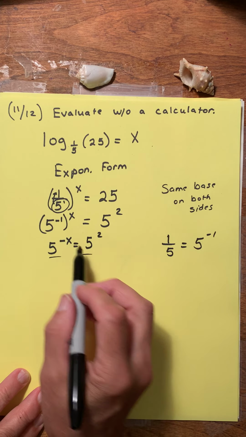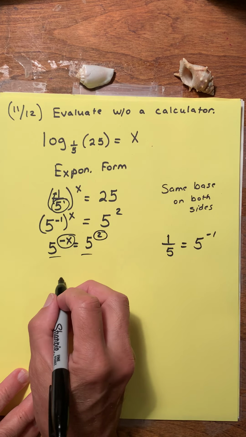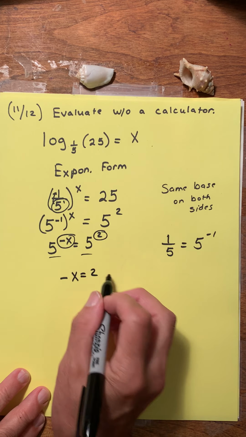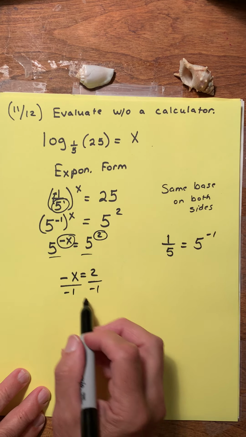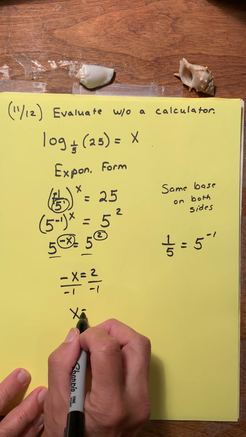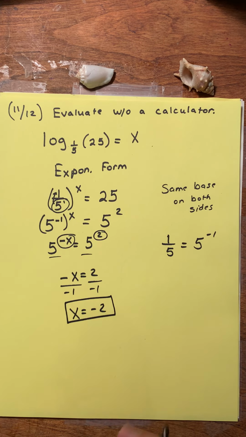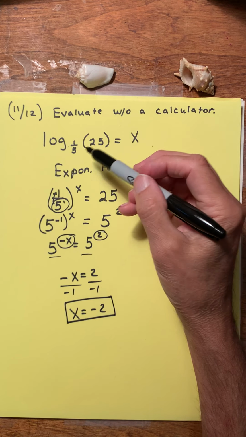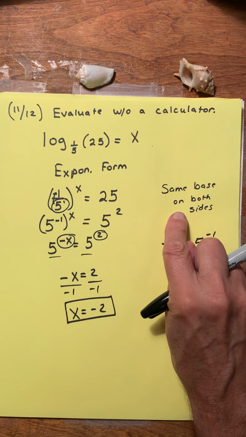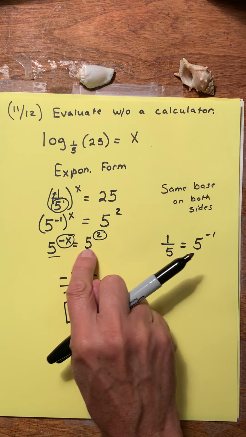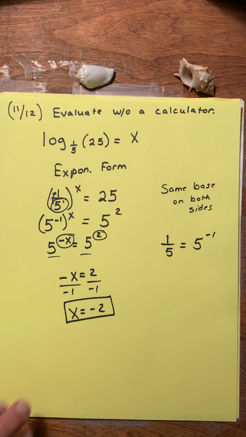Same base. That means my exponents must be equivalent. Negative x equals 2. Divide both sides by negative 1, or multiply both sides by negative 1. x is negative 2. So again, re-express in exponential form, and then find a common base so that you can make the exponents equivalent.